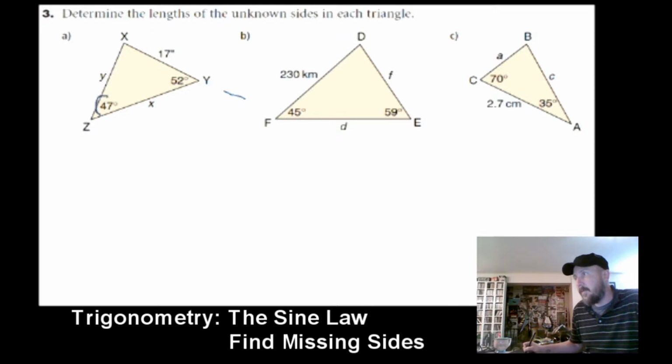Always when we're doing it, here is one angle, and they always go with the opposite side. So this is angle Z, that is side Z. Those two go together.